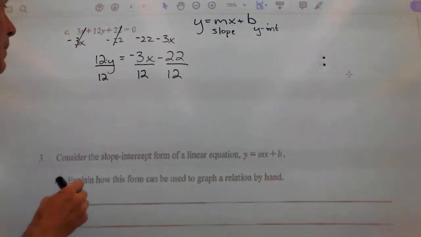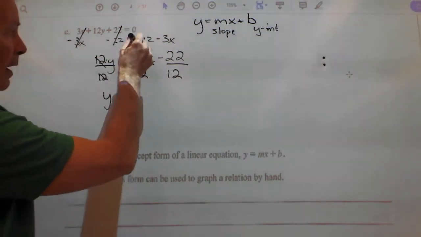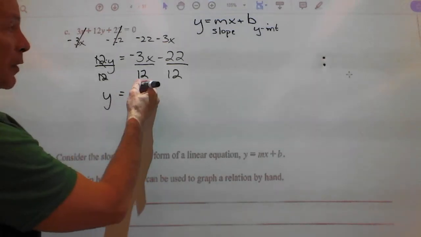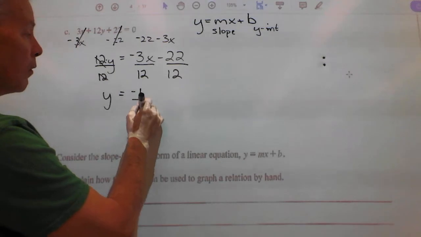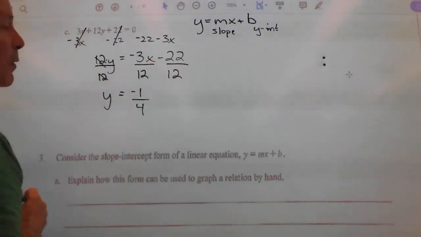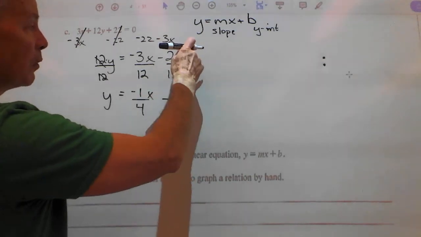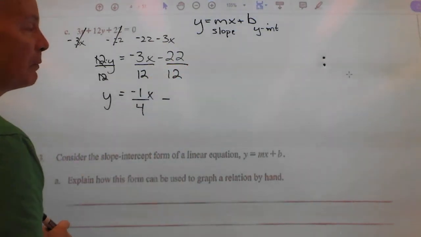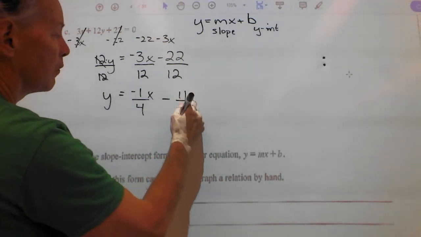Okay? So, 12 divided by 12 leaves us with 1y. Negative 3 over 12 can be written more simply as negative 1 over 4, right? We divide the top and the bottom by 3. Negative 22 over 12 can be written more simply as negative 11 over 6.